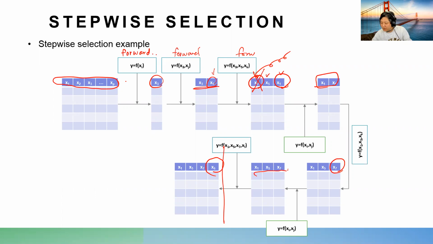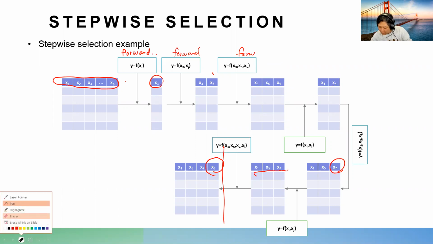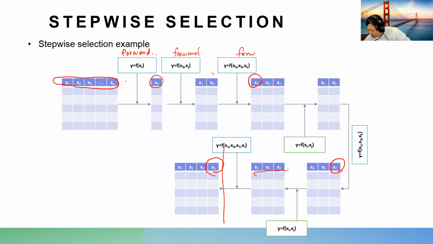Because for example, in this case, X3, X5, X1 are selected, but backward and forward, they never test this selected variable again.